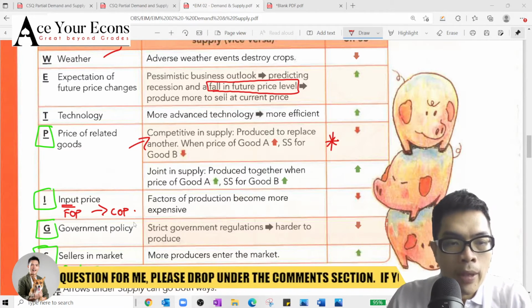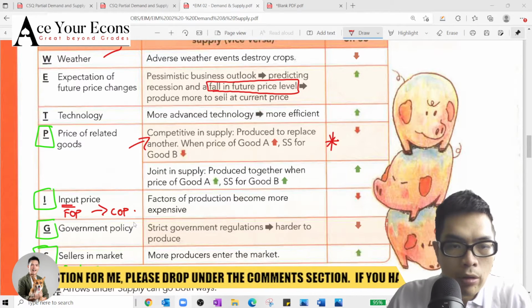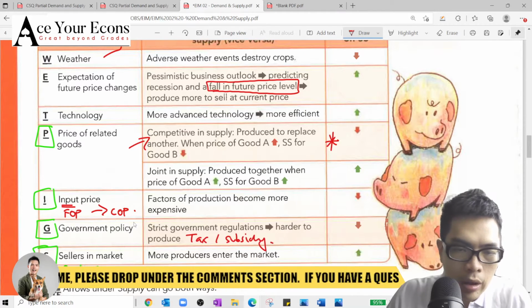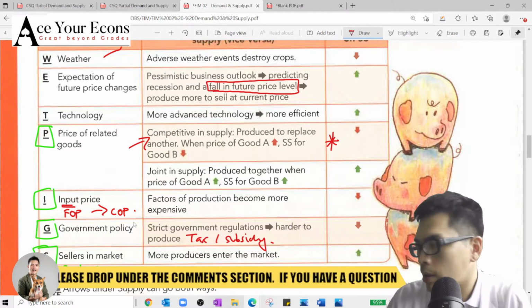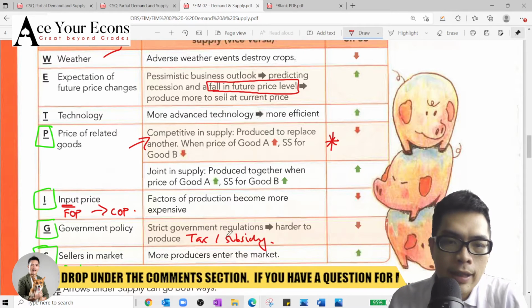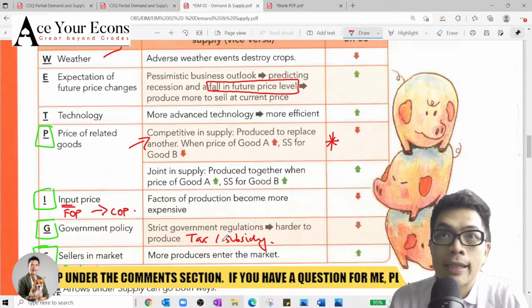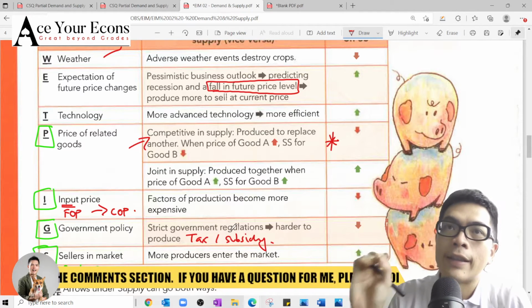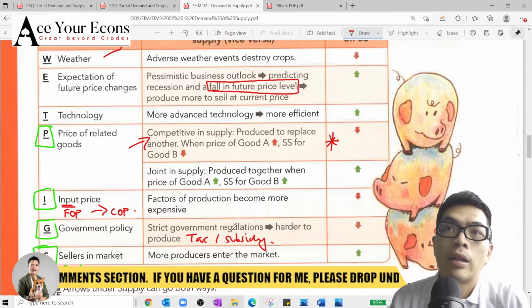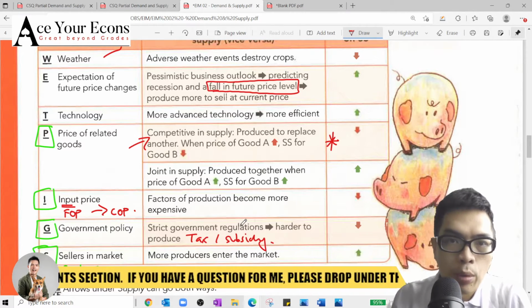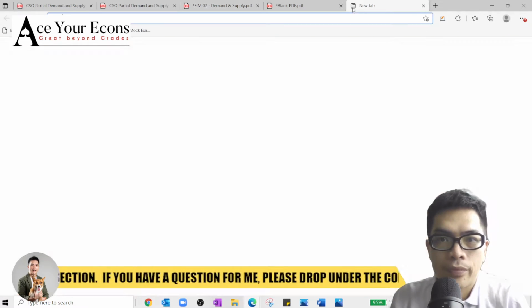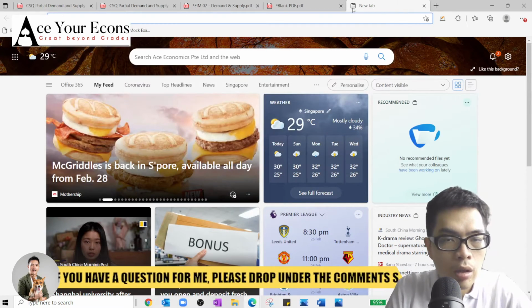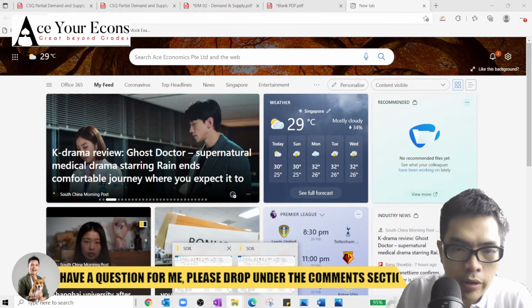For government policies, you may want to pen this down: it's called tax and subsidy. I'm so sorry, I did not manage to insert this in the earlier draft of the book. We'll be going through tax and subsidy in depth in a separate topic. It's actually in your book. Let me see the page number.